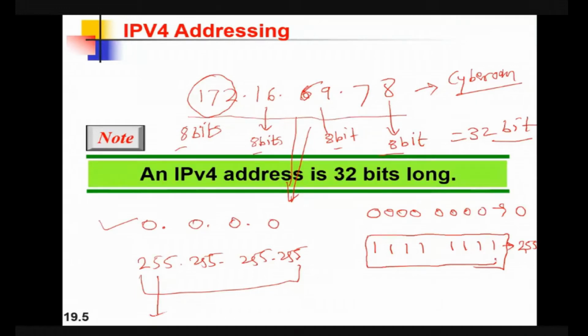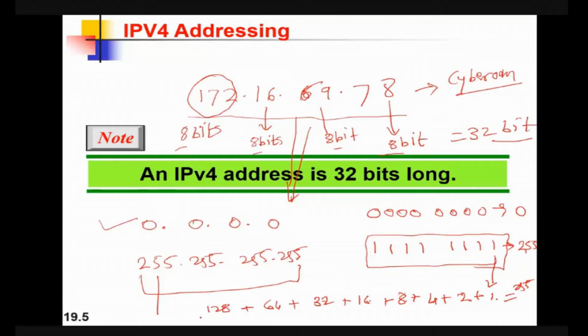If you calculate, the decimal positions are 1 plus 2 plus 4 plus 8 plus 16 plus 32 plus 64 plus 128, that is 8 positions. If you add all of this, you will get 255.